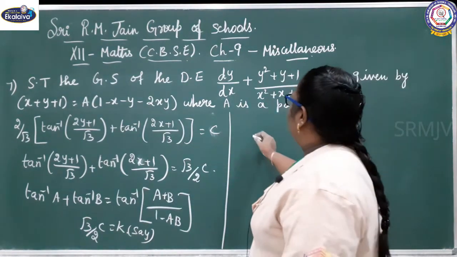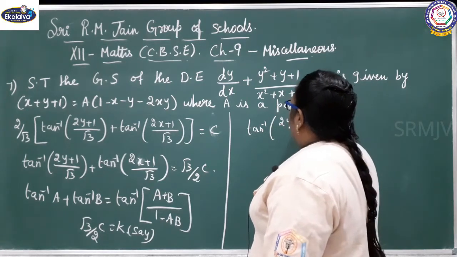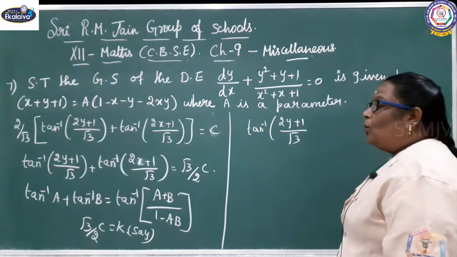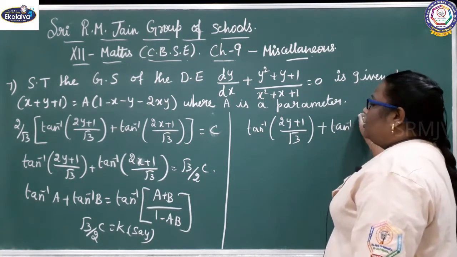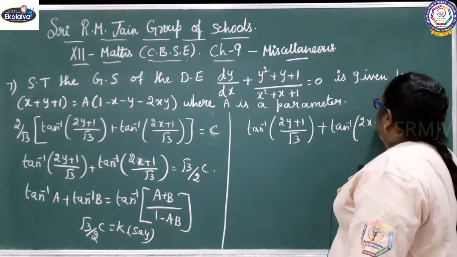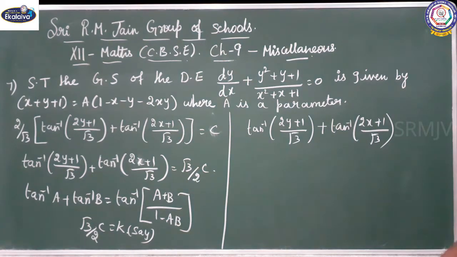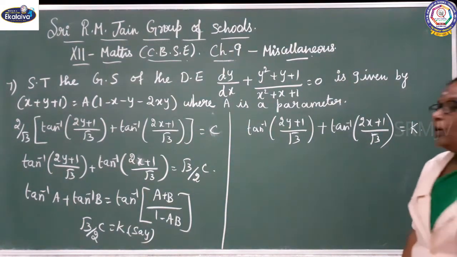Then the equation becomes tan inverse of 2y plus 1 by root 3 plus tan inverse of 2x plus 1 by root 3 equals K. Here you can apply tan inverse of A plus tan inverse of B. What is the formula?